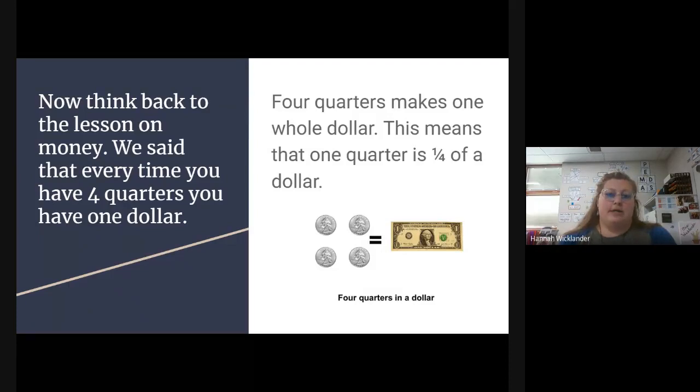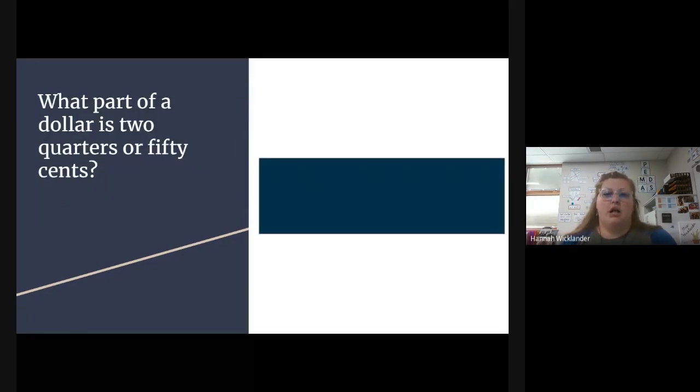Now think back to the lesson on money. We said that every time you have 4 quarters, you have a dollar. So 4 quarters makes 1 whole dollar. This means that 1 quarter is 1/4 of a dollar. So what part of a dollar is 2 quarters, or 50 cents? Type the answer in the chat.